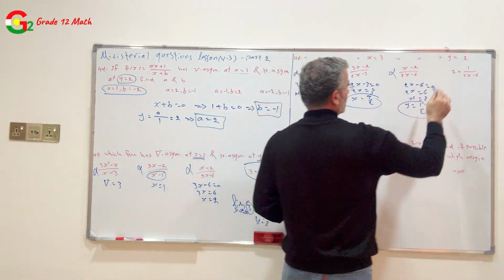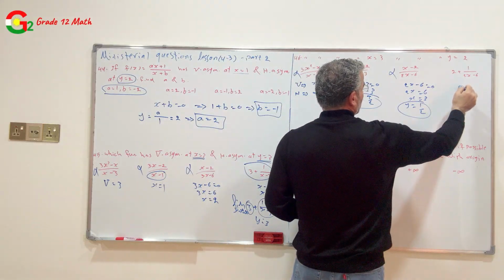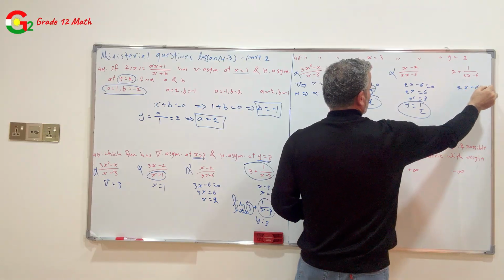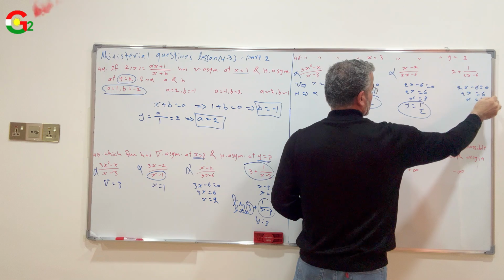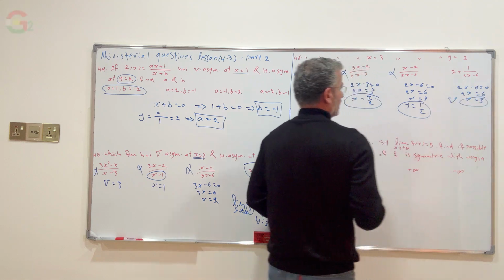For the last choice, the vertical asymptote: 2x minus 6 equals 0, then 2x equals 6, then x equals 3 is the vertical asymptote for this function.